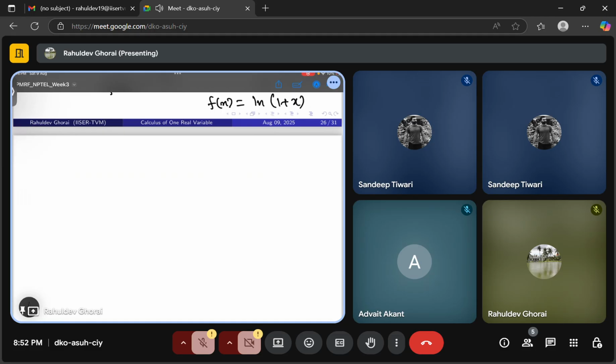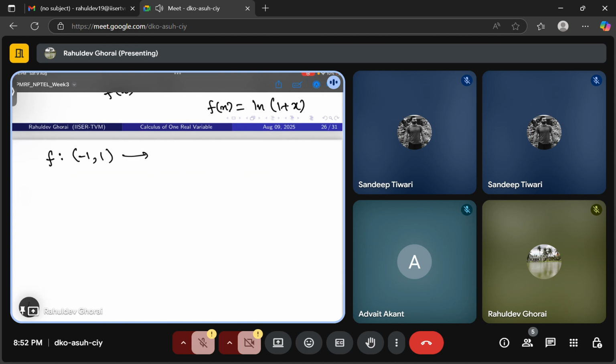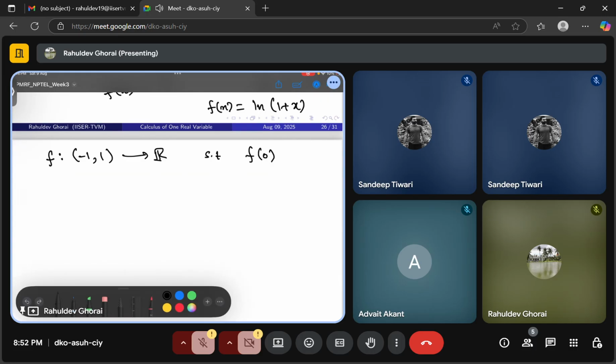Yeah, so this question, can you do it? f from -1 to 1 to R such that f(0) is equal to 0. No, sorry, not f(0) equal to 0. f(1/n) is equal to 0 for all n.